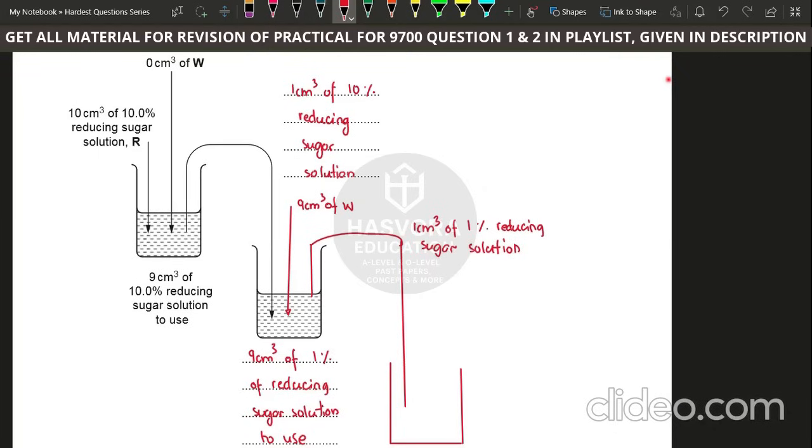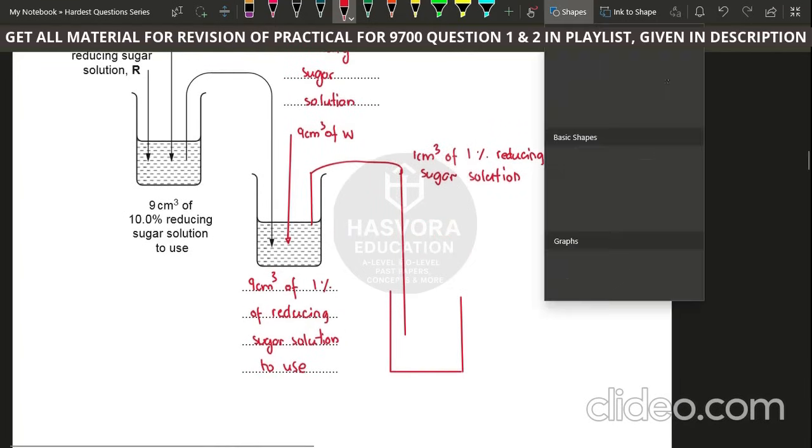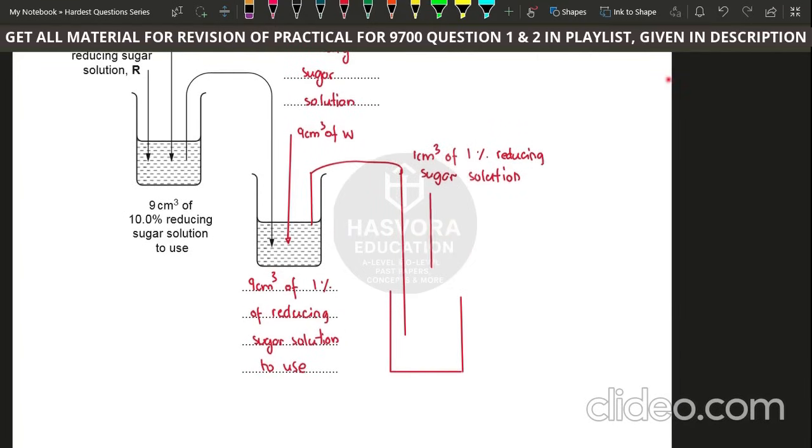Okay, and you will be adding 9 cm cube of water. Okay, so like this, and you will add, let's just reduce the size of this, you will add 9 cm cube of W.